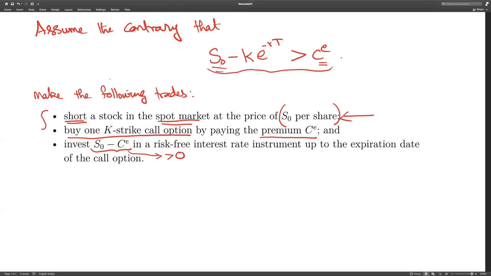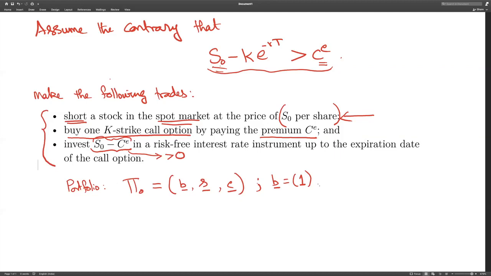So this is the set of trades that we do to make the portfolio pi naught, which can be written in mathematical notation like this: B, S, and C, right? Where B corresponds to the risk-free investment. We will interpret it as 1 as we did in the last case. It means we will just think of paying S naught minus CE as the price for your bond, and the unit is 1.